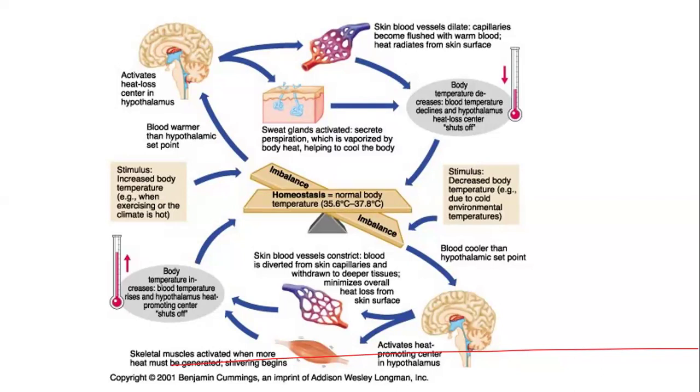Once it reaches normal, the part of the hypothalamus that shuts down the loss of heat will be stimulated, and things go back to normal. So I think that helps us to clarify what negative feedback is.